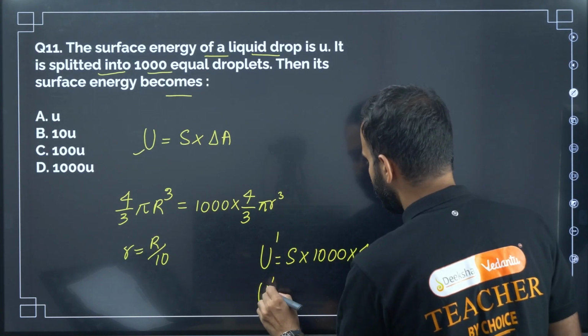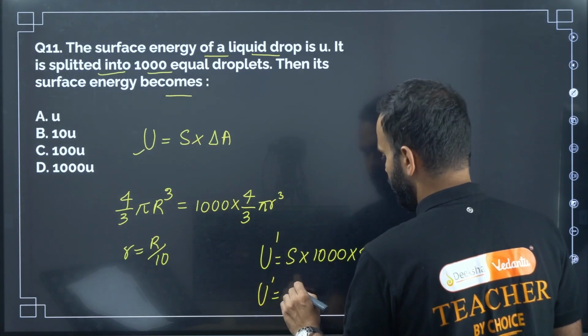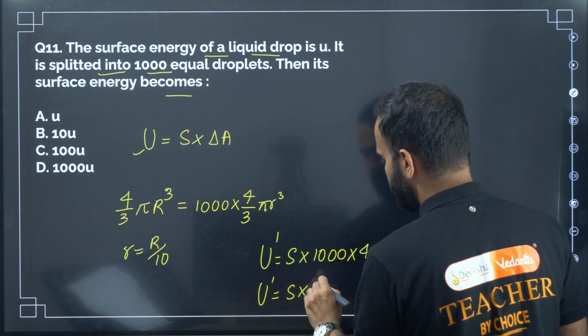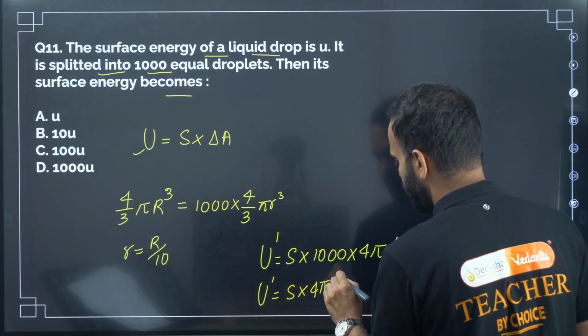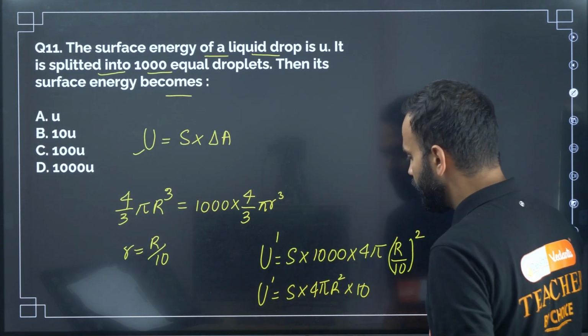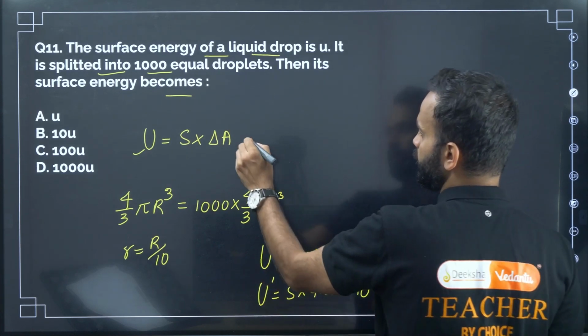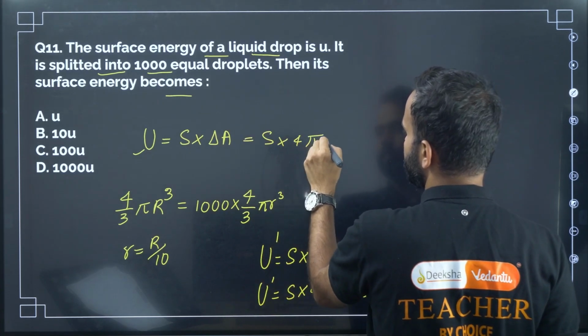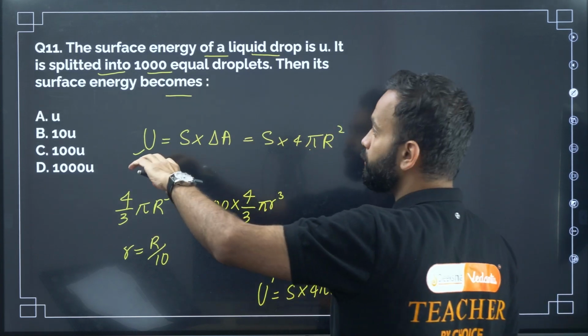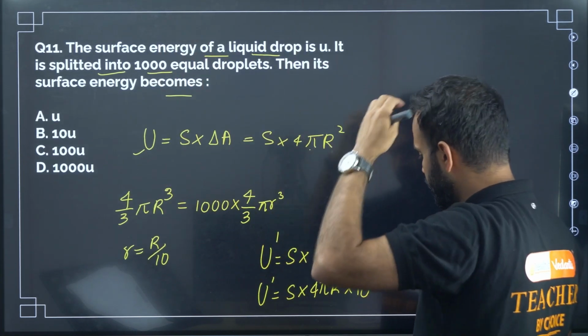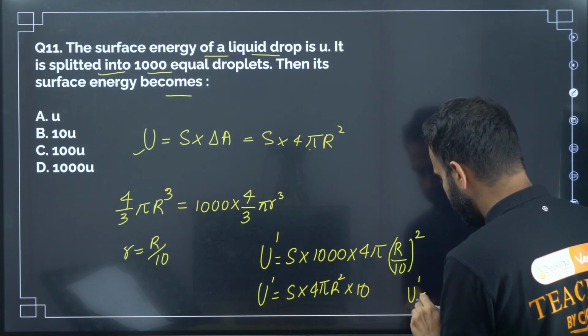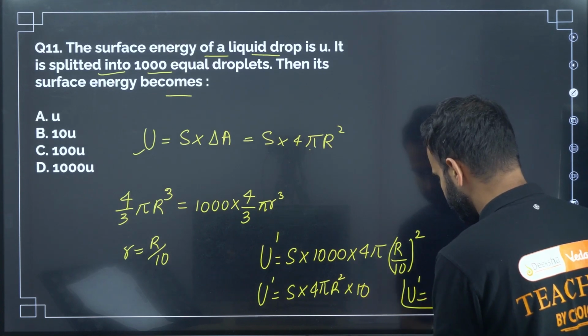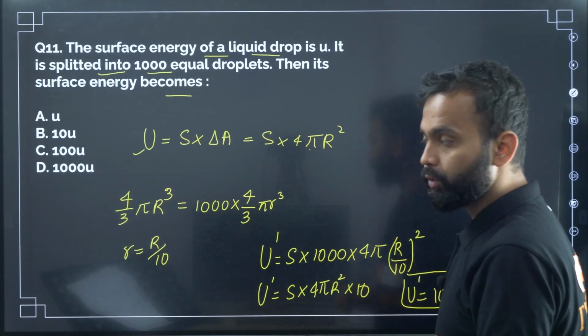So now U dash is equal to S into 4 pi R square into 10, right? What is S into 4 pi R square? S into 4 pi R square is U, that is the surface energy of the bigger liquid drop, right? So now U dash is equal to 10 times U.